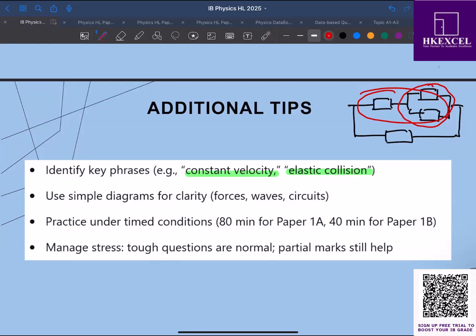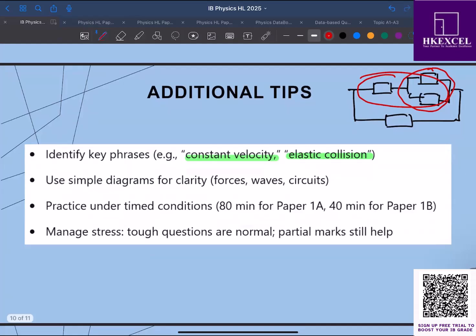Okay. And my next tip would be to practice under exam conditions. Make sure you time yourself for 80 minutes, for 40 MCQ questions. That is for paper 1. And give yourself 40 minutes for data-based questions as well for paper 1B. Okay? Because 1A is MCQ and 1B is data-based questions.